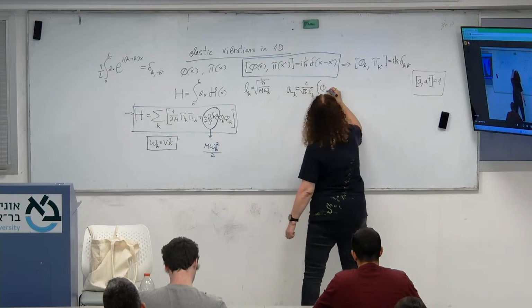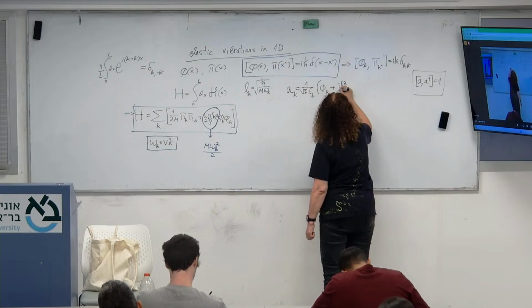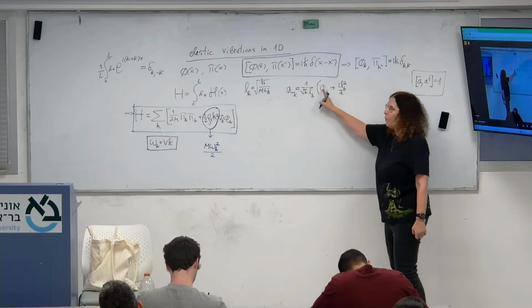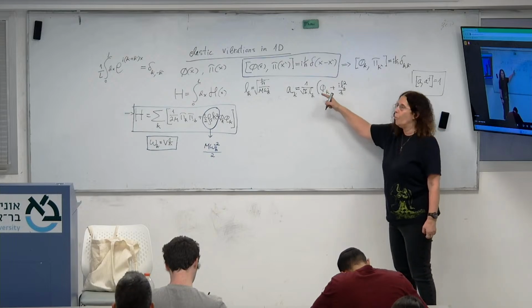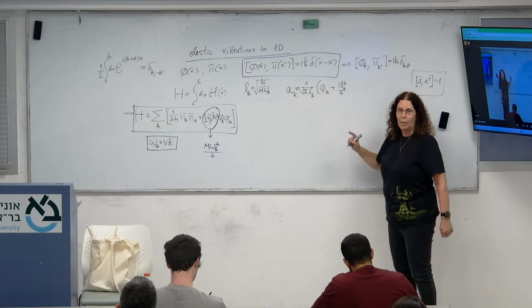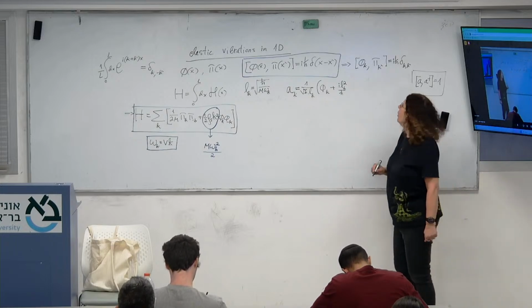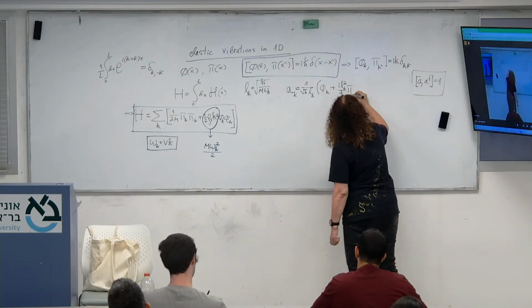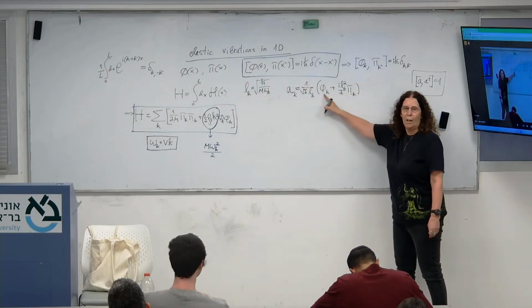So this is phi k plus i Lk squared over h bar, and now in the single particle harmonic oscillator we had phi and pi. But here, remember, phi and pi are not Hermitian, so I put here pi of minus k. Okay? Phi of k and pi of minus k.